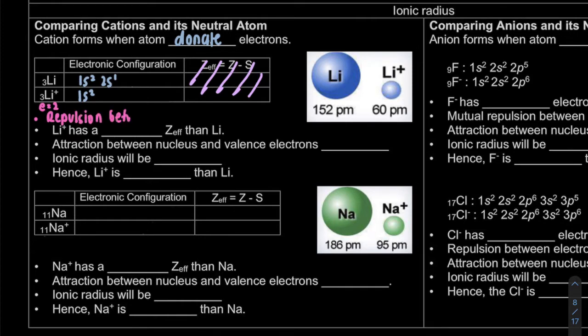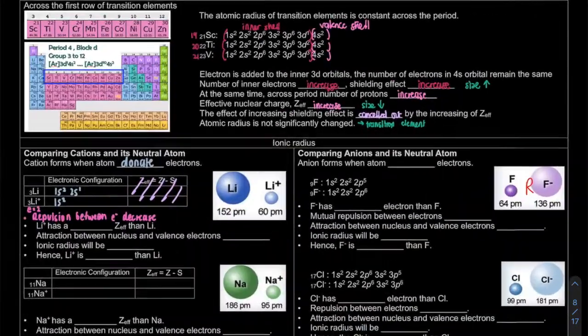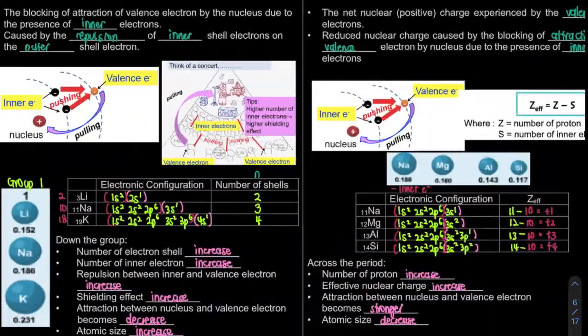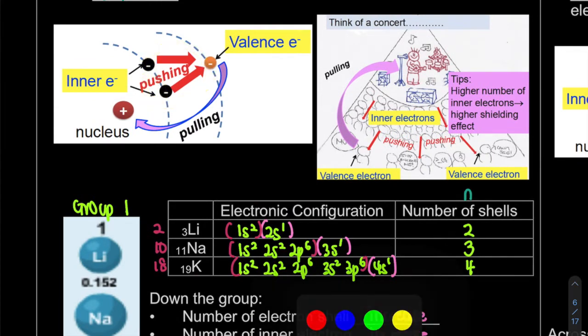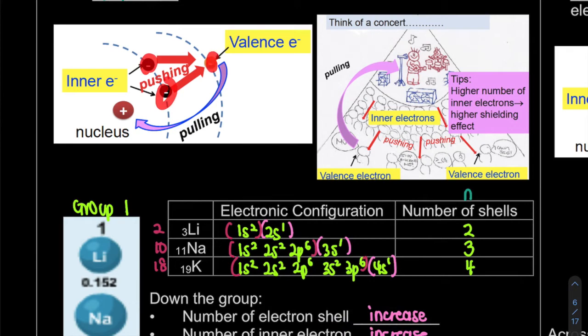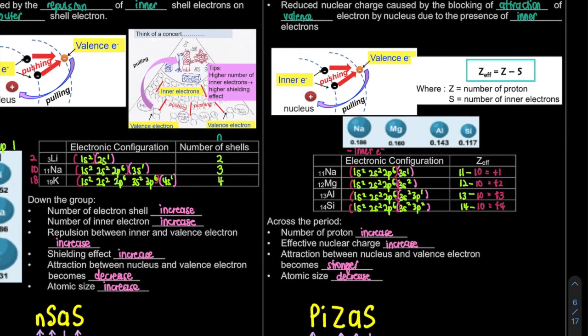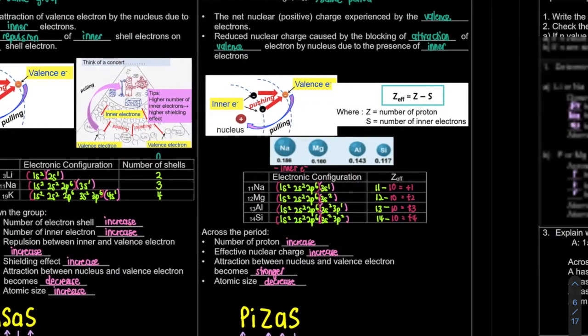Kenapa repulsion between electron ni decrease? Sebenarnya in our shell, we have our nucleus in the middle, but then we have our electrons. All the electron ni semuanya adalah negatively charged, so there's a repulsion. Tadi sudah berkurang satu electron, so we have less of the repulsion itself lah.